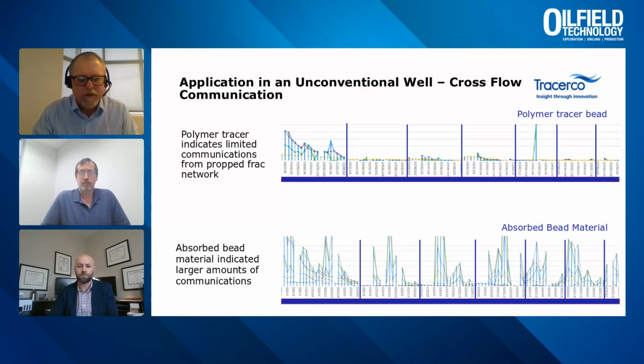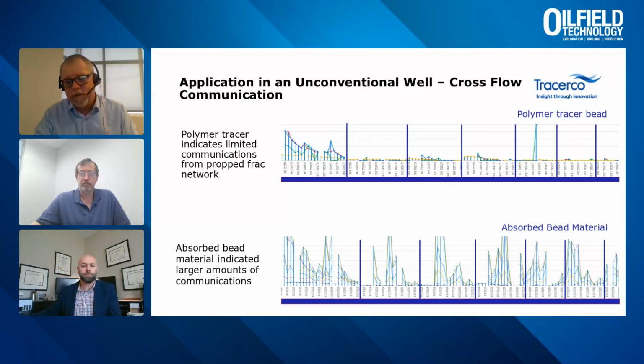And that's the polymer tracers on the top. All subsequent blocks moving to the right are offset wells that were sampled. And we do see some communication with those offset wells. However, over time, it diminishes to next to nothing and represents more of a communication of the prop and frac.